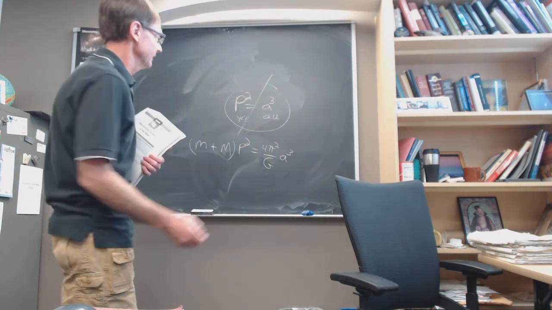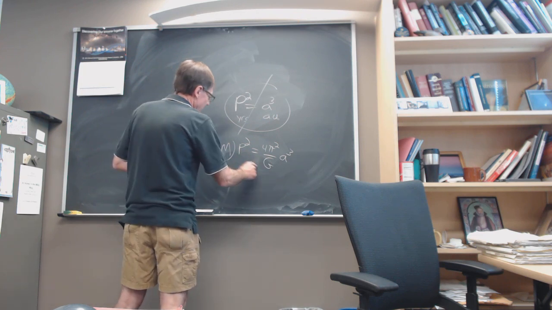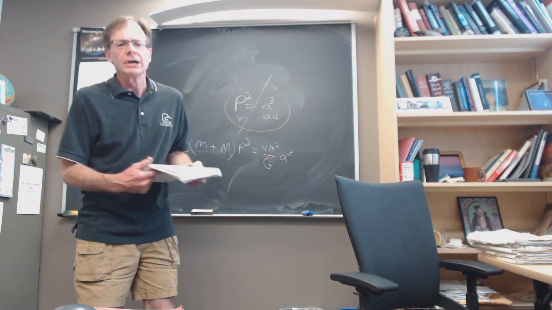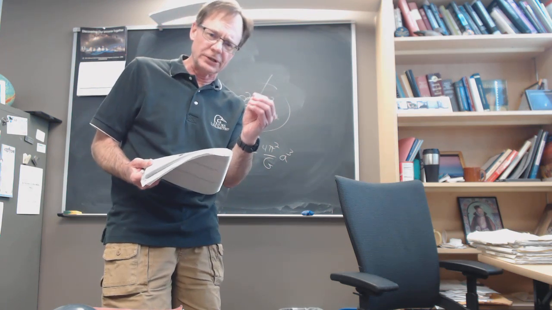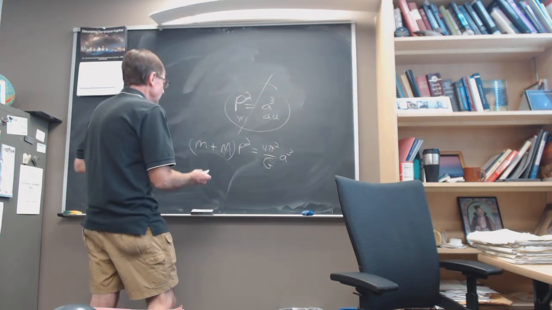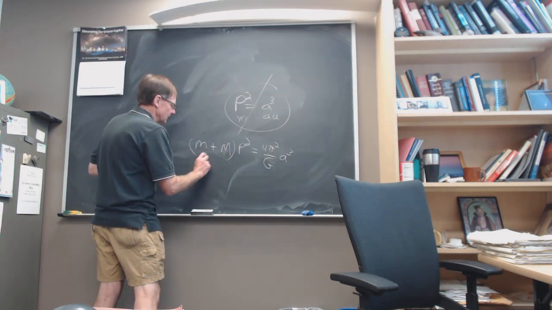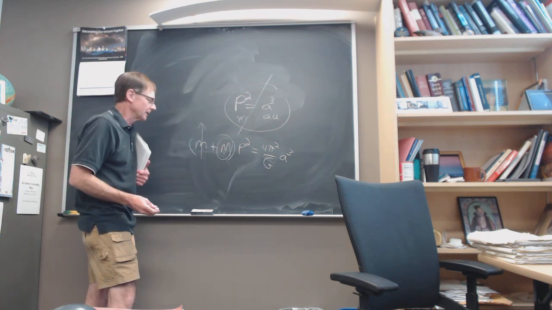Now we don't want things in years and astronomical units because we have to make sure our units match all the way throughout here. If we're talking about something small orbiting something larger, and it's very small relative to the larger thing, we can just get rid of that, and we can get the mass of the thing that's being orbited that way.